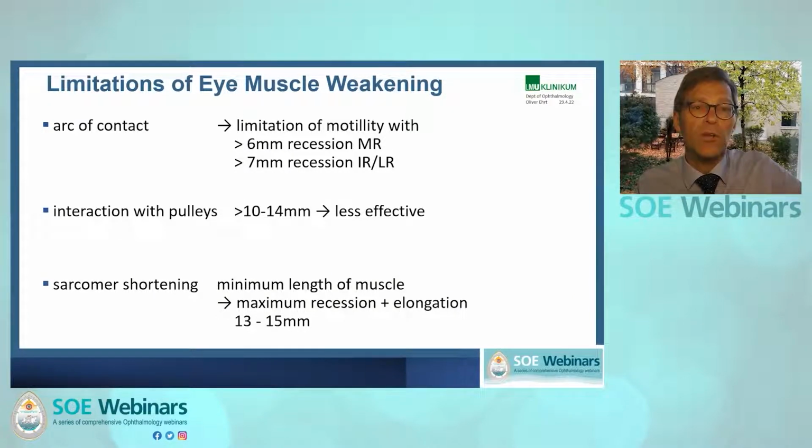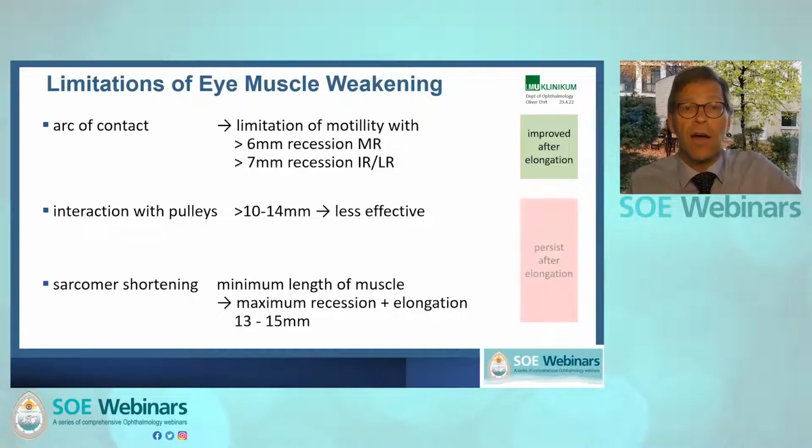So again, when you get more than 13 or 15 millimeters, the muscle cannot get shorter anymore. When you do muscle elongation, the arc of contact, as shown, can be improved. However, elongation of the tendon does not reduce the effect of interaction with the pulleys or sarcomere shortening.